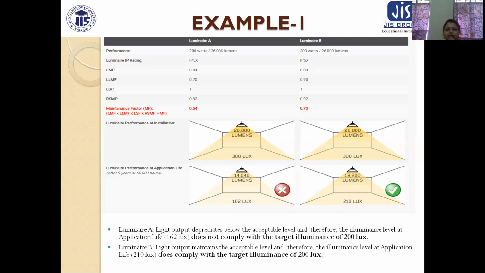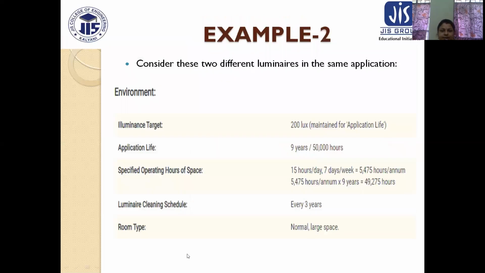Next, example 2. Here the illuminance target is also 200 lux, maintained for application life, and the application life is 9 years or 50,000 hours. The specified operating hours of the space are 15 hours per day, 7 days per week, which equals 5,475 hours per annum.